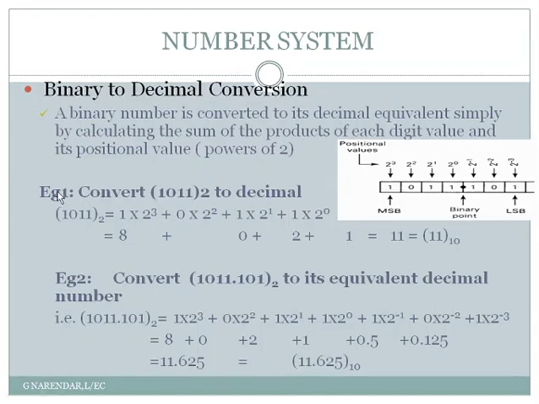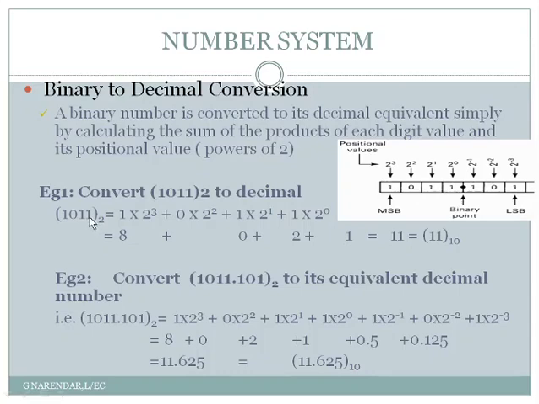Example 1: convert the binary number 1011 to decimal. Here this number contains only an integer part. You can see that the LSB is this one and the MSB is this one.